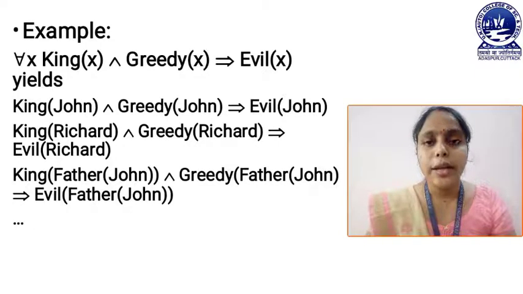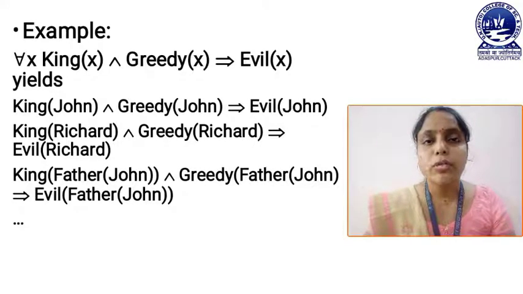Then look at the next sentence, King(Richard) and Greedy(Richard) implies Evil(Richard). In this sentence the variable x is replaced by the ground term Richard. Now look at the last sentence, King(Father(John)) and Greedy(Father(John)) implies Evil(Father(John)). Here the variable x is substituted by the ground term Father(John).